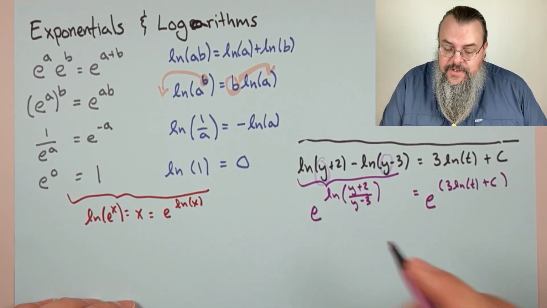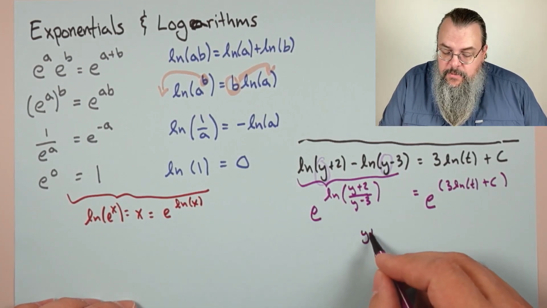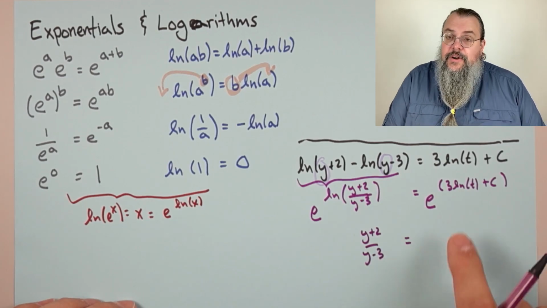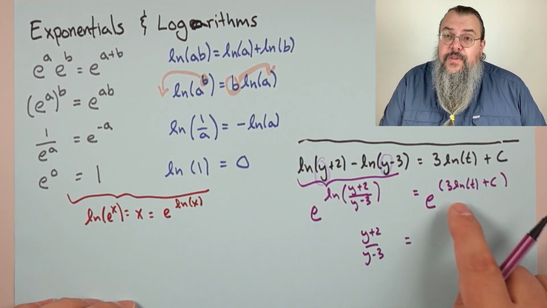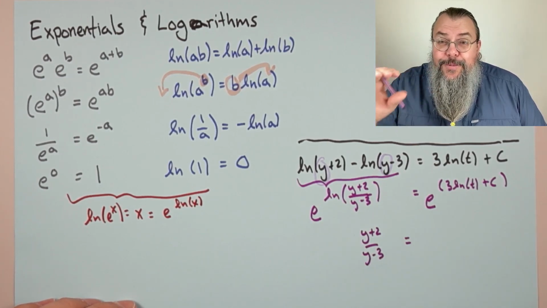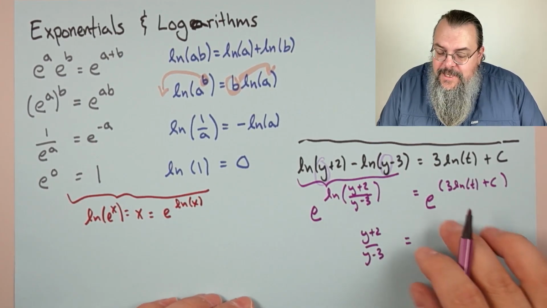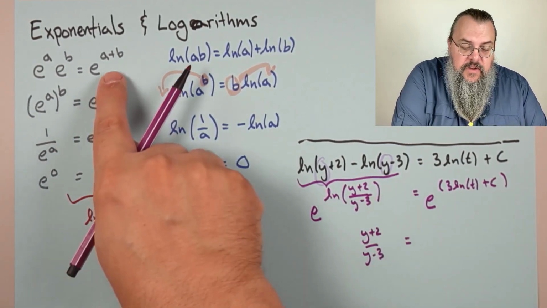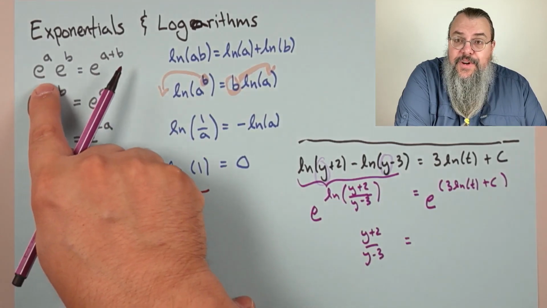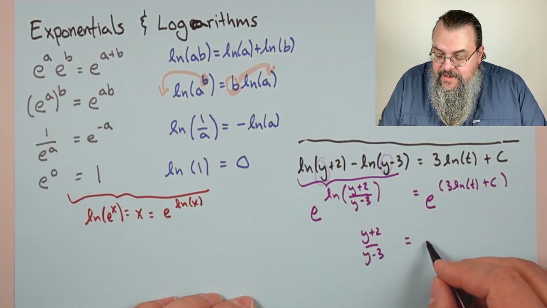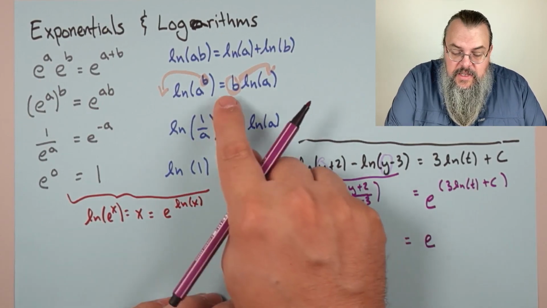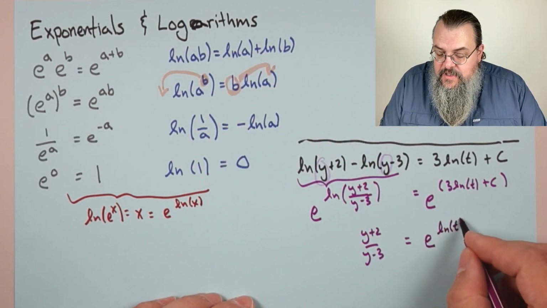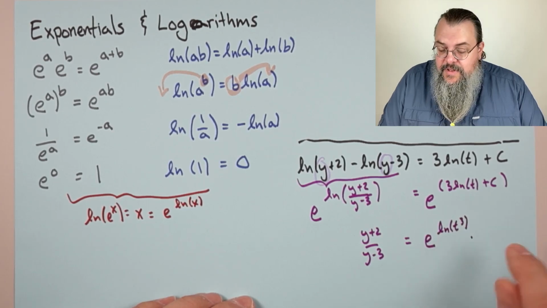They undo each other. So we're back to y plus 2 over y minus 3 equals, now here, let's do this in a little bit of slow motion. Okay, e to the 3 log t. Now I'm going to use the fact that there's a plus, which says I can separate. So that's e to the, and this 3 log t, I'm going to move that up. So that's log of t cubed times.